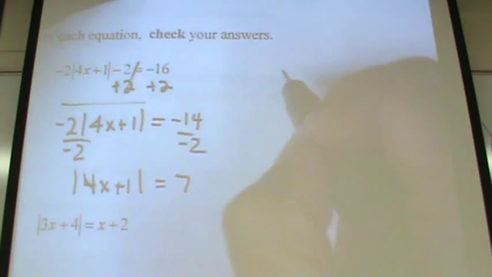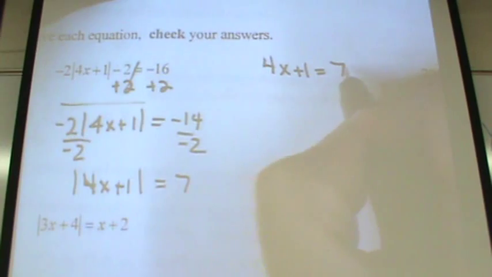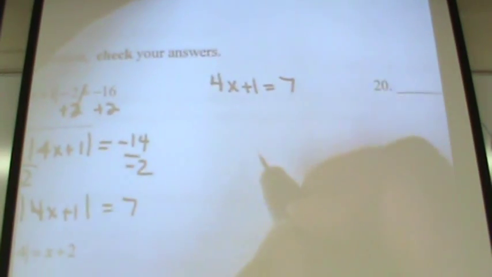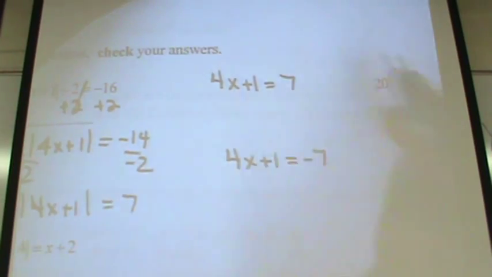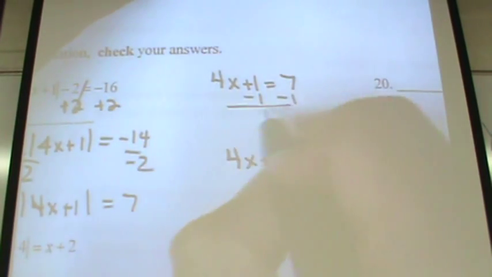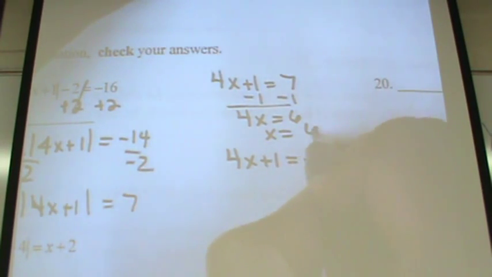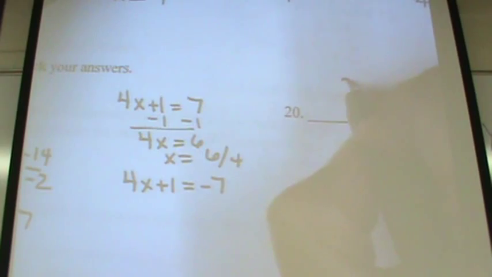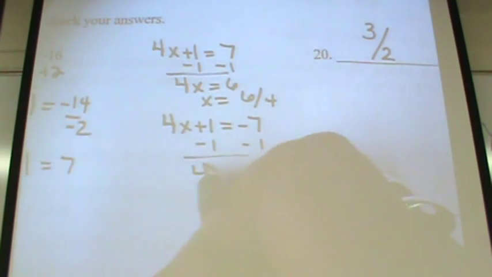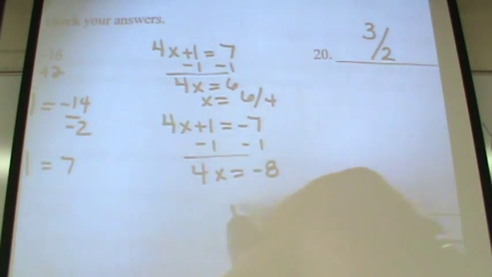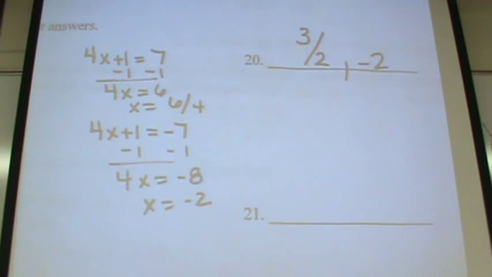You're going to break this up into two problems. 4x plus 1 equals 7. And 4x plus 1 equals negative 7. And do them both. Subtract 1. 4x equals 6. And divide by 4. 6 fourths or 3 over 2. That's one answer. Subtract 1. 4x equals negative 8. X equals negative 2. And negative 2 is the other answer.